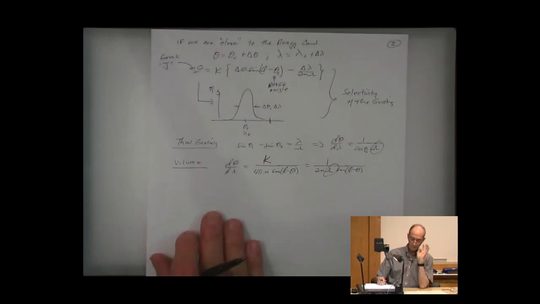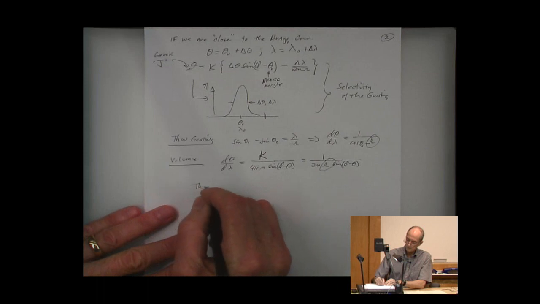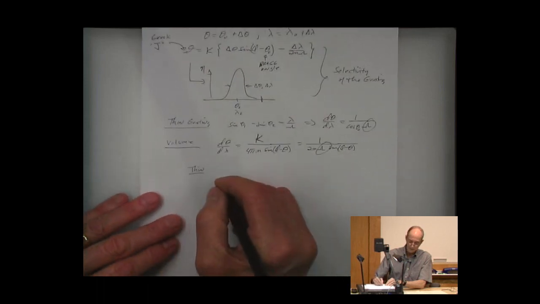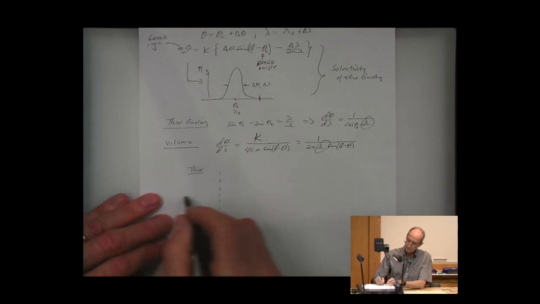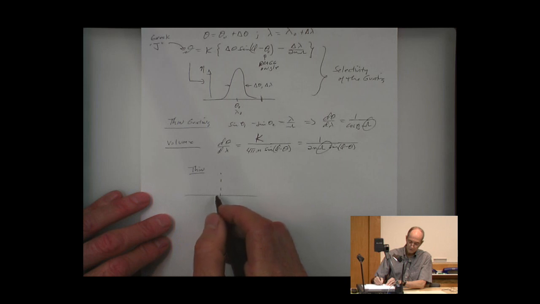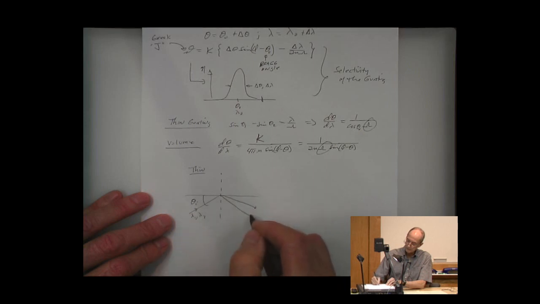Now, there's a very subtle difference between the dispersion for the thin grating and that for the volume grating. For the thin grating, we have our set of point scatterers here, and we come in at some theta incident with lambda 1, lambda 2, and we end up with a different angle due to the phase matching.